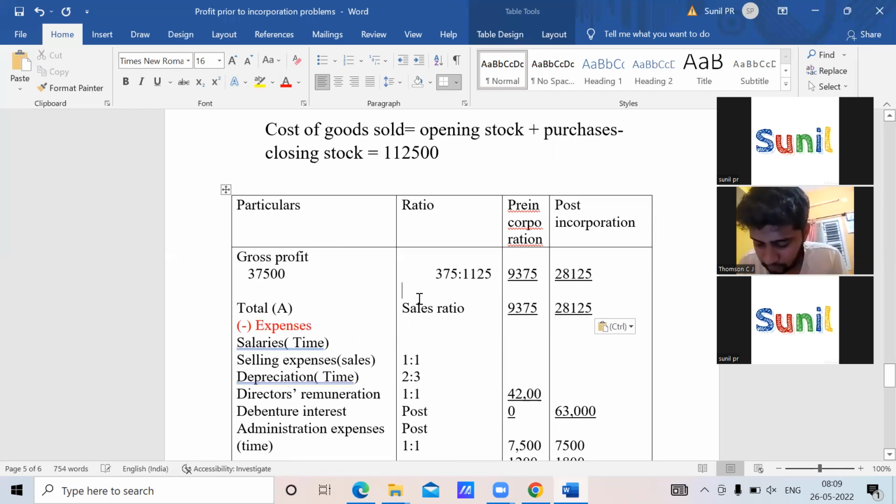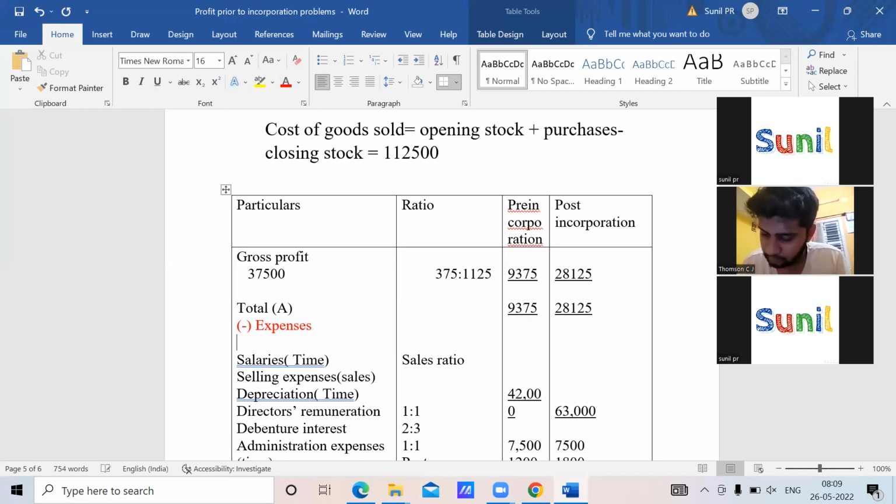So this is how the total will look. Whatever is the gross profit, write the same gross profit in the next heading called total of A. So gross profit is called total of A. The same I have written, 9375 and 9375.